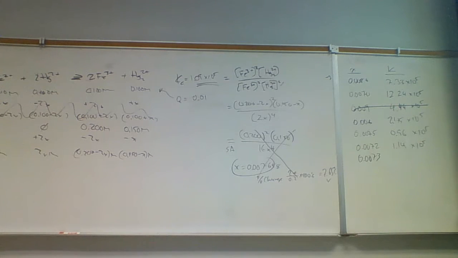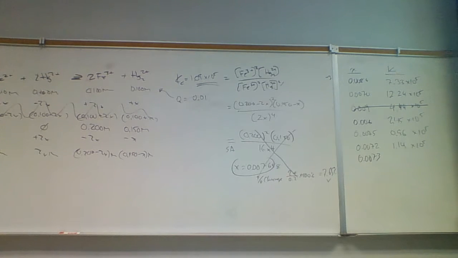Times 0.15 minus 0.73. Equals, divided by 0.073 times 2 is 146.